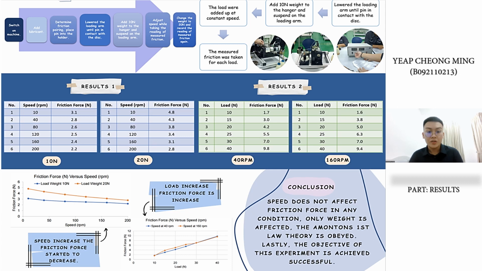The third table displays the friction force at 40 revolutions per minute and the fourth table shows the friction force at a speed of 160 revolutions per minute. Since there are no calculations necessary to determine the friction force, this lab is considered straightforward enough.